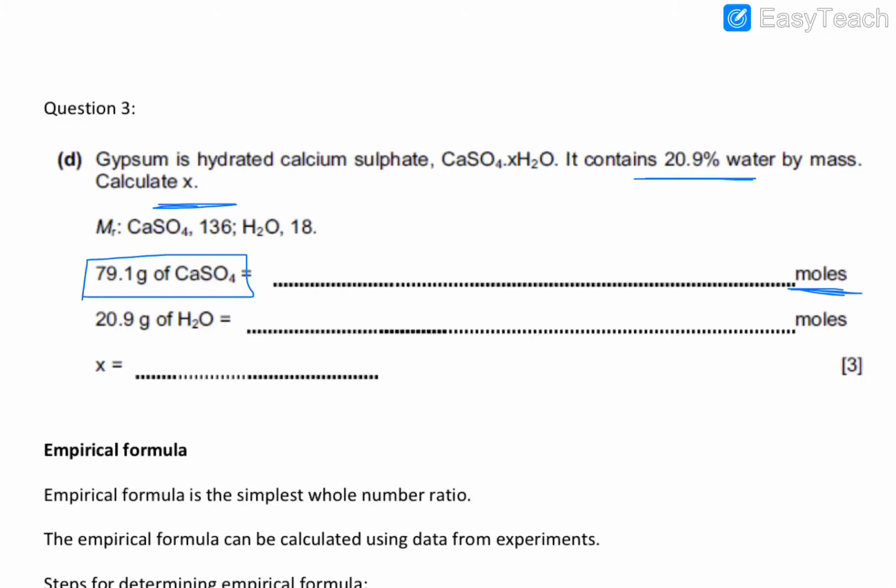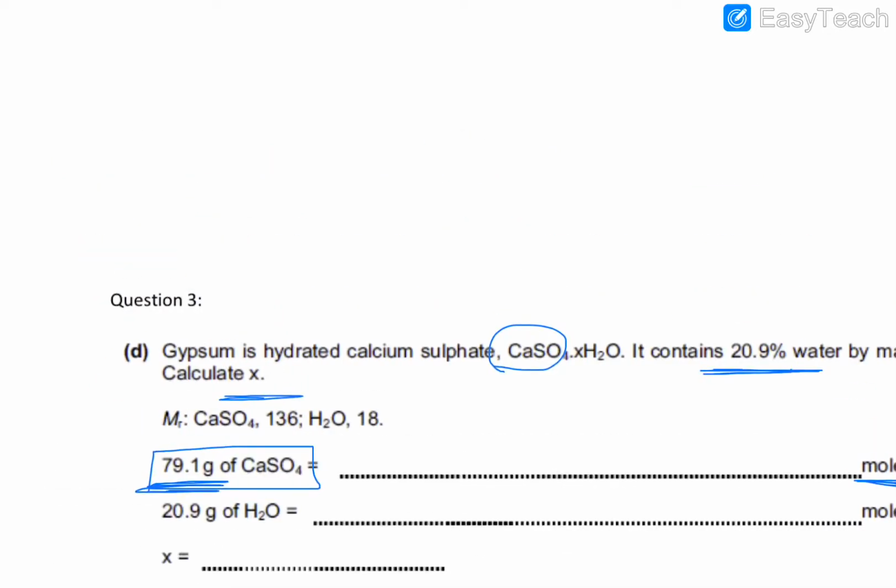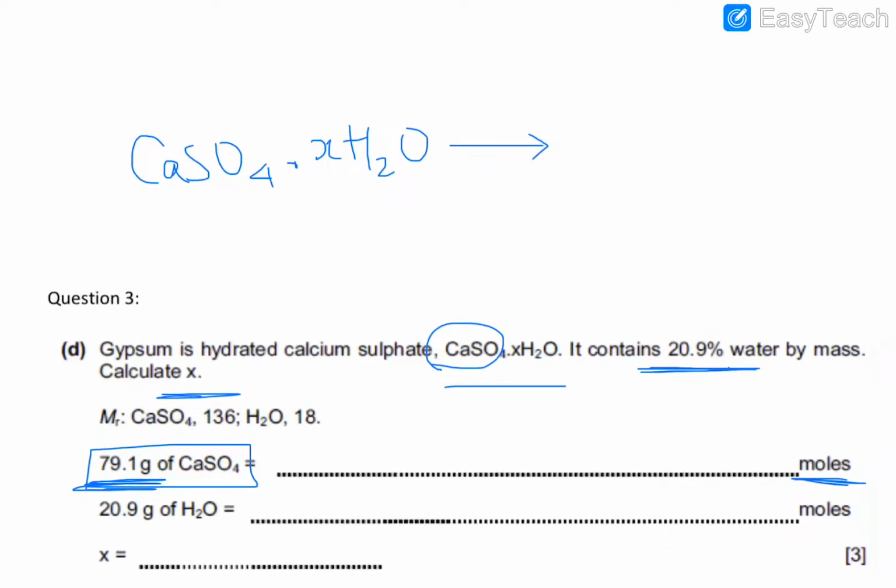Here it's assuming that if 20.9% is water, the rest, which is 79.1%, has to be the calcium sulfate. So if you look at the hydrated calcium sulfate, CaSO4.XH2O, if we were to dissociate this, that would give us calcium sulfate plus H2O.